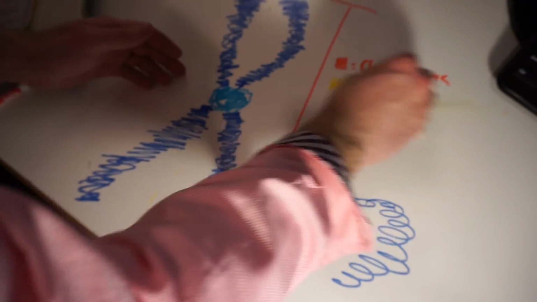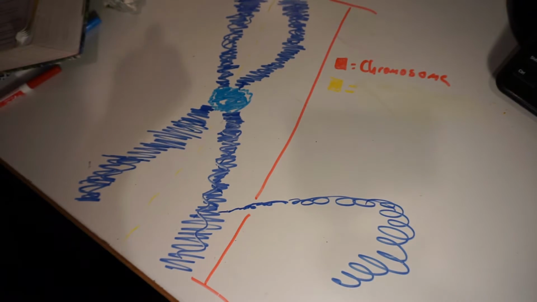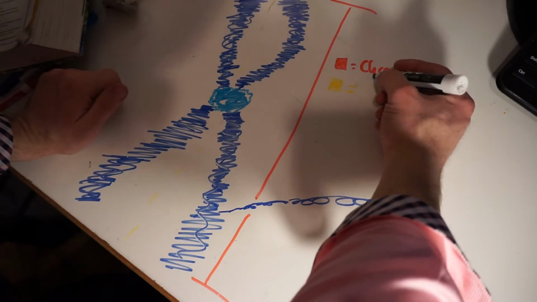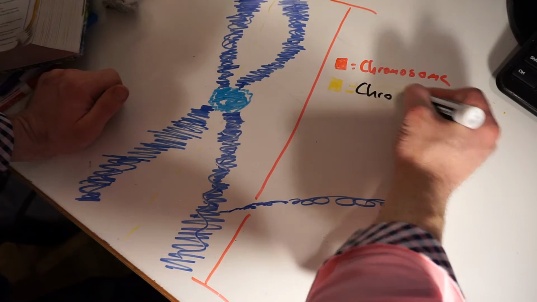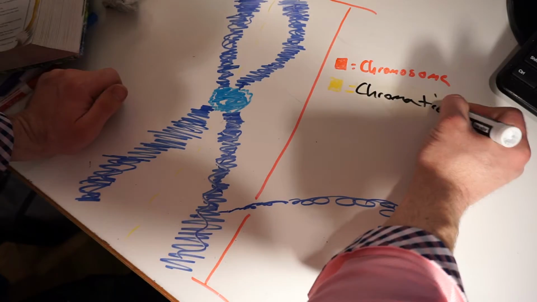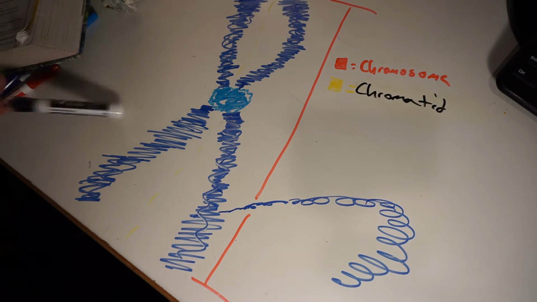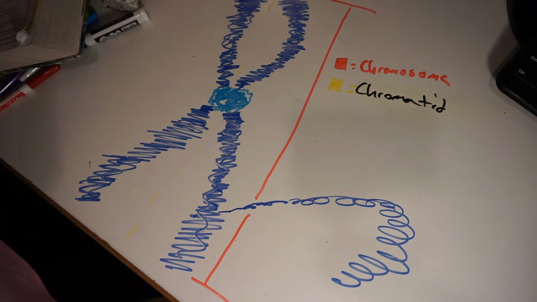So even though that is in yellow, we'll write it in black. Chromatid. Bad choice of colors. Whatever.